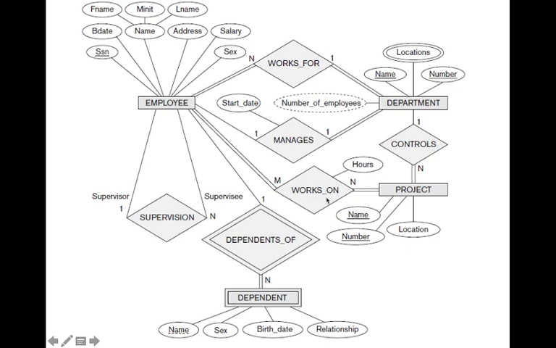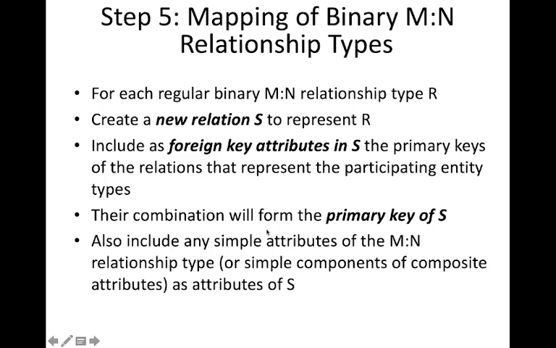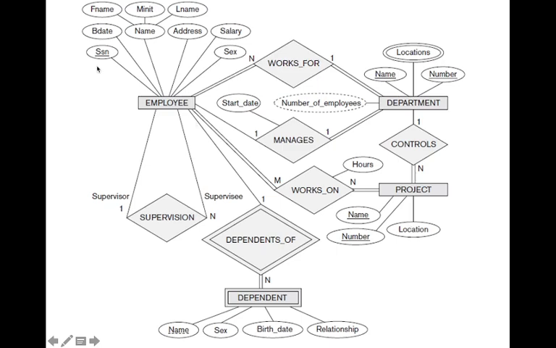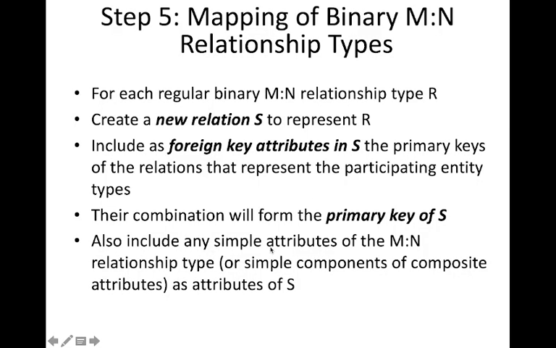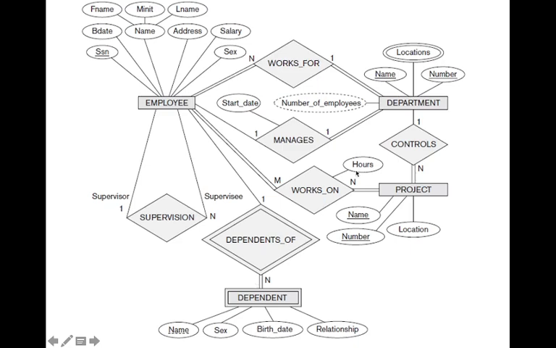And also what should be there? Last step. Here the combination will be the primary key. So the combination of ESSN and P number will be the primary key of that table. And also in the last step, what you have mentioned, simple attributes. If there are any simple attributes in this relationship, that should also be included. So here Hours is a simple attribute of Works On. So that Hours will also be included in the table.